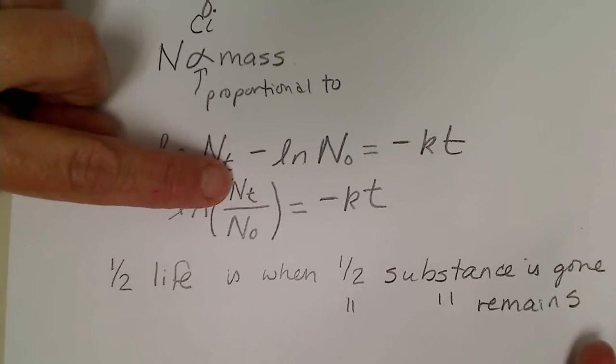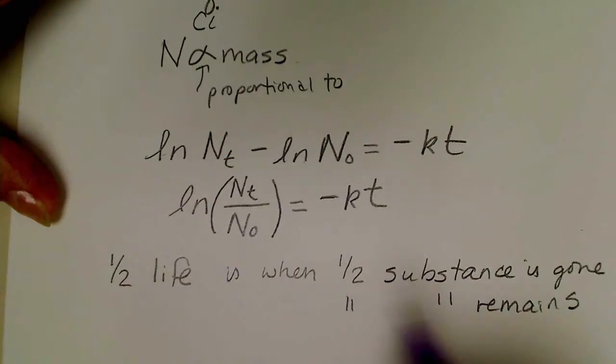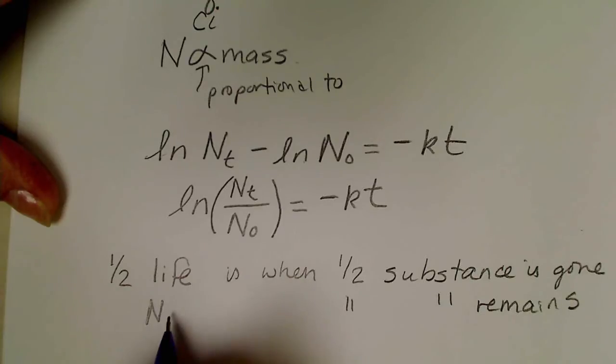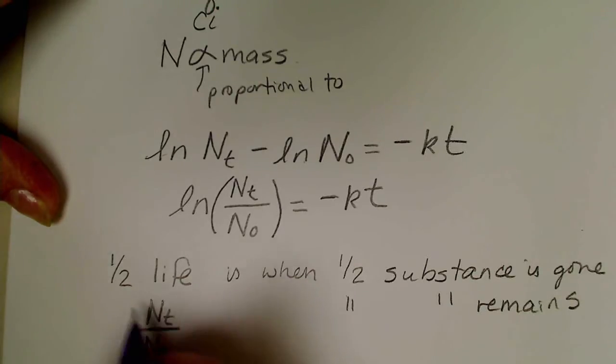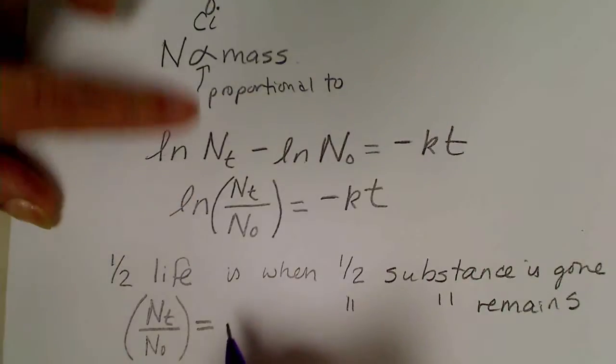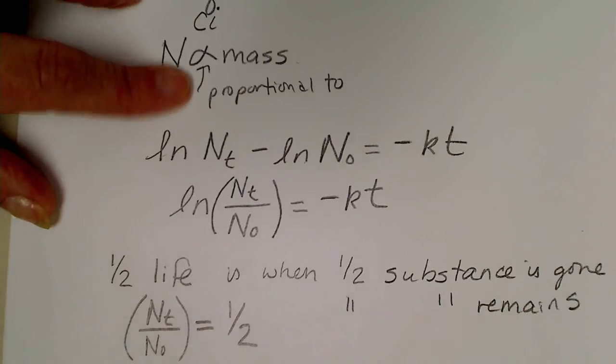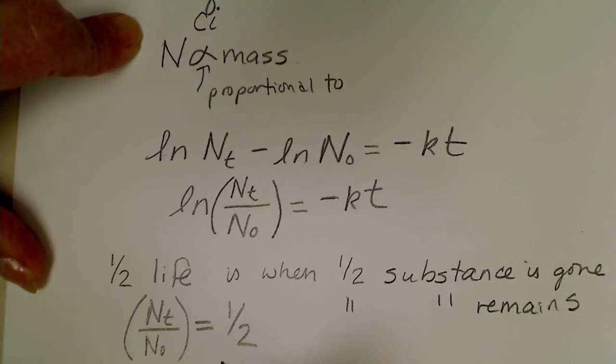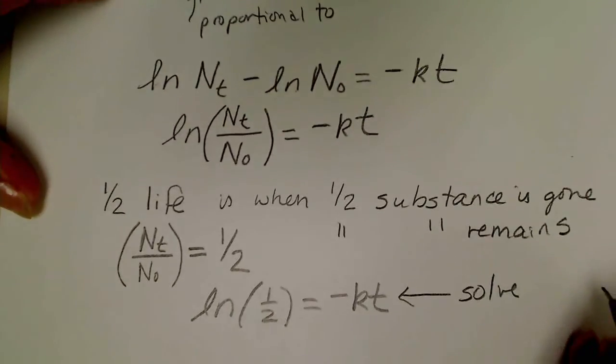If we only have half left, then this ratio would be a half. So if we substitute that in, the natural log of 1/2 equals negative kt, and then solve for t, that will be the half-life.